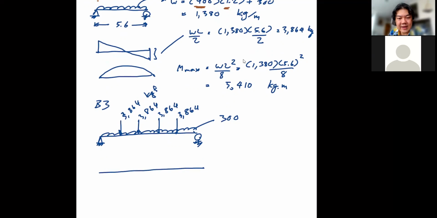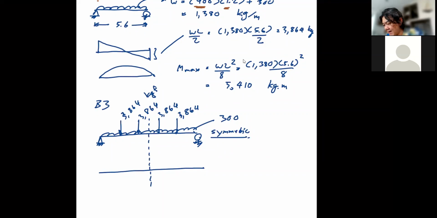And you should also realize that this beam is symmetric, right? So when you have a symmetric situation, you should know that one way or the other, the result on the left should look similar to the result on the right, correct?